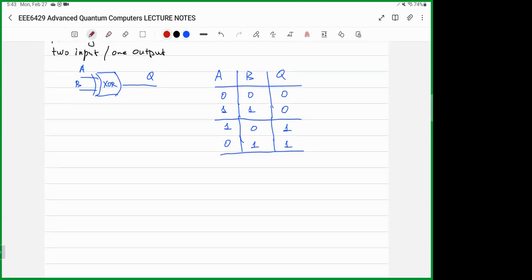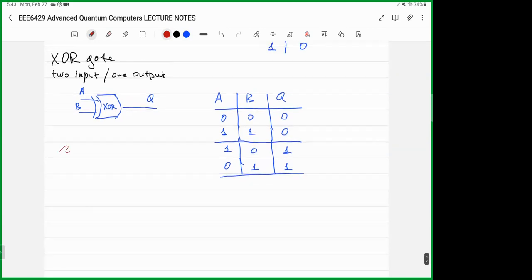So an important point to notice here is that XOR is irreversible. It is an irreversible gate because, for example, say I detect 1 in the output, then I don't know what my input was, 1 0 or 0 1.